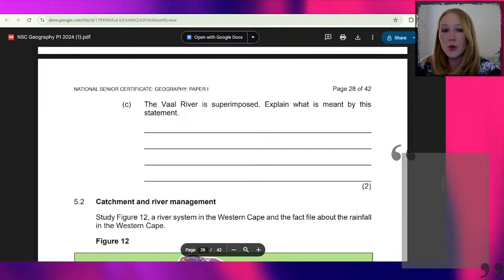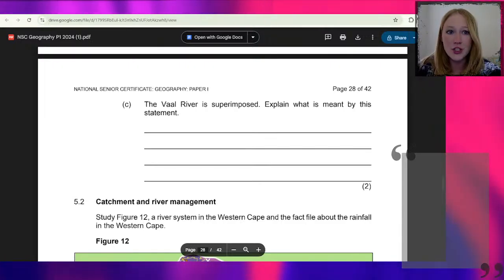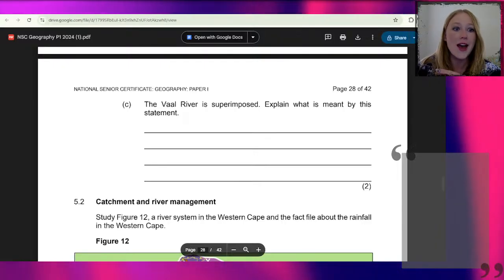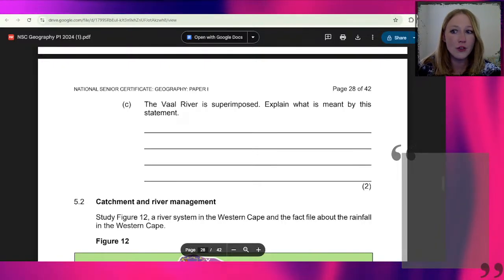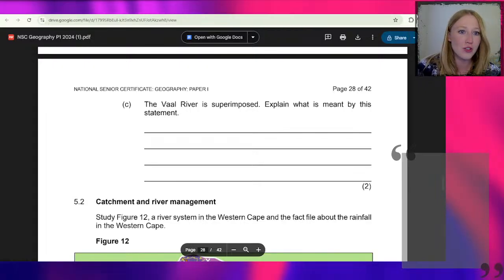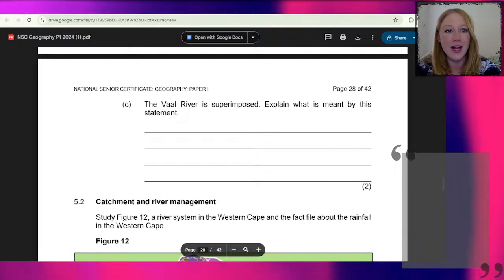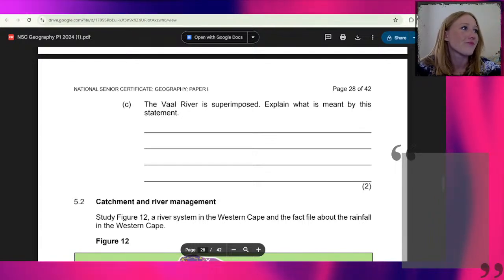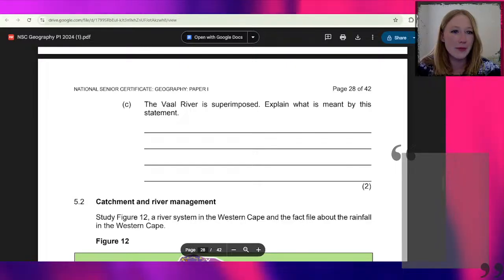So there were already land features and mountains, and all of that was already established. And the river formed over the existing geology. So the stream or the river is new, or younger, than the mountain and the geology. I hope that made sense.